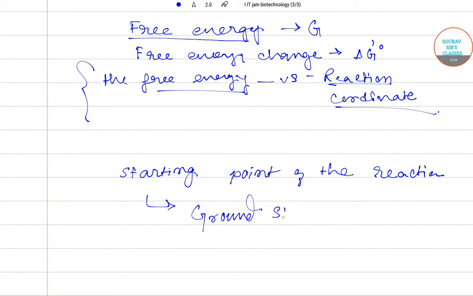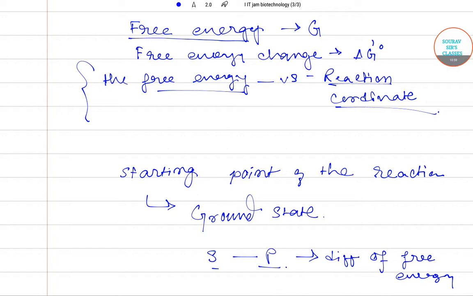Ground state. And the equilibrium between S and P, meaning substrate and product, reflects the differences of the free energies. So this is what the mechanism is about.